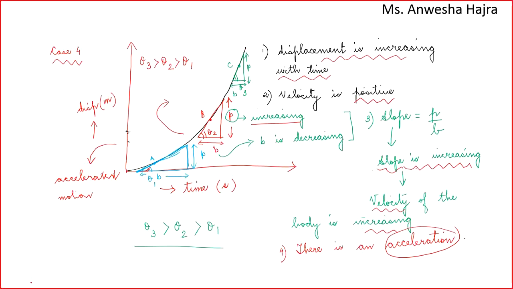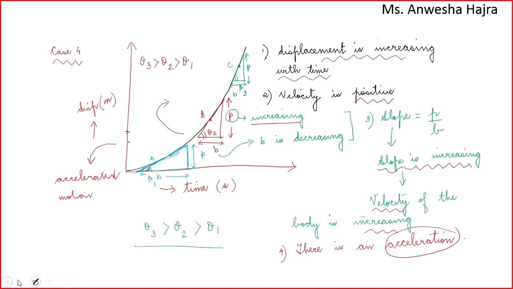Now, we move to the next type of graph. The previous one was case 4. We move to case 5. Say you have a graph like this.